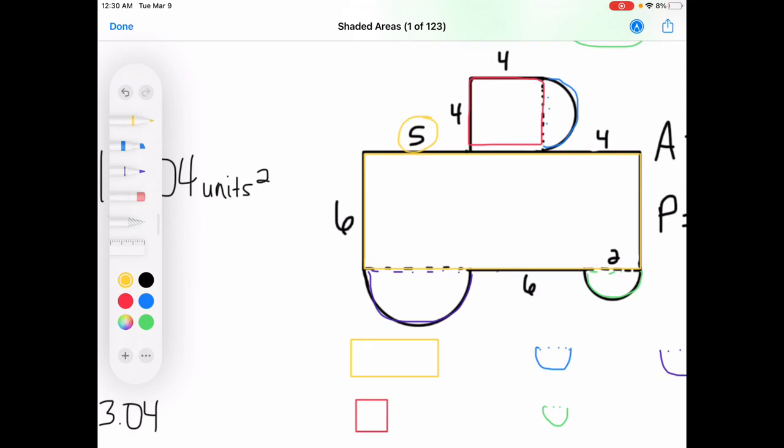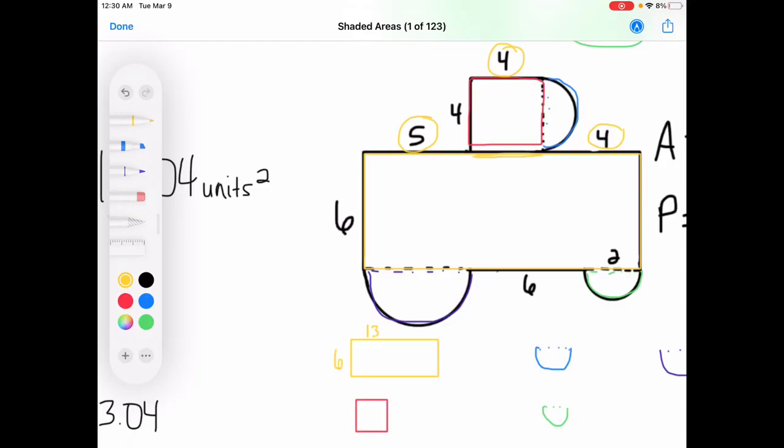And then I know this is a square, so this distance here is equal to 4 units. And then this distance is also equal to 4 units. So I know that the total width would be 5 plus 4 plus 4. So that would be 13 units.